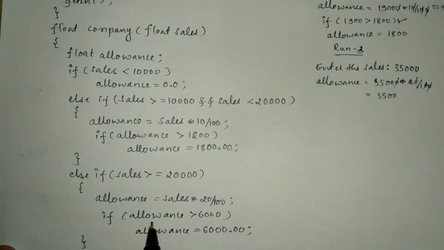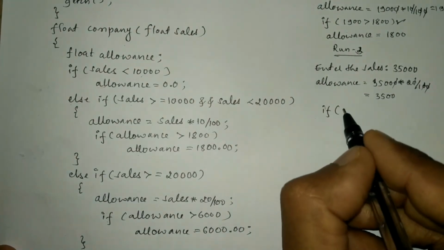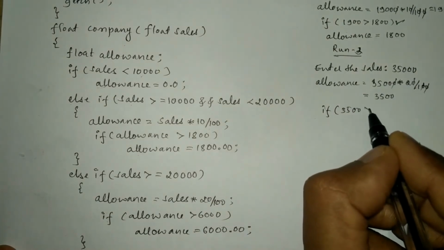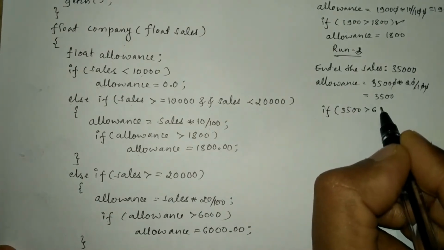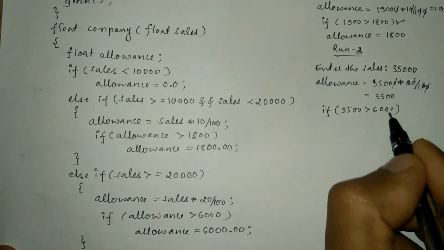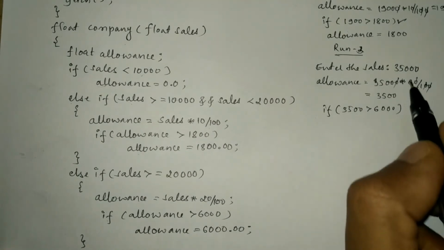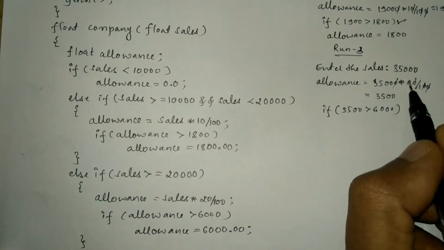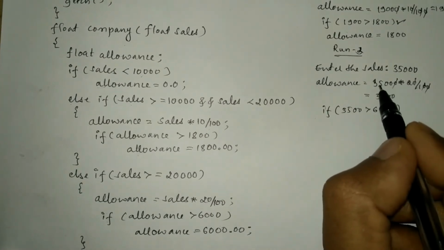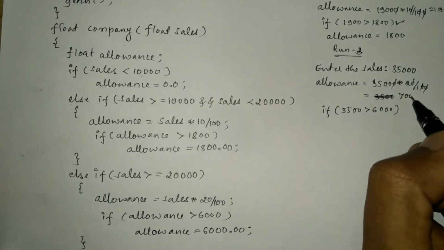Next we are going to check out this condition. If allowance is what? 3,500 is greater than 6,000 here. So is it true? No. Okay, we have to calculate even into 2, right? Because we should multiply this one, 3,500 into 2. So it will become 7,000, correct? 7,000.